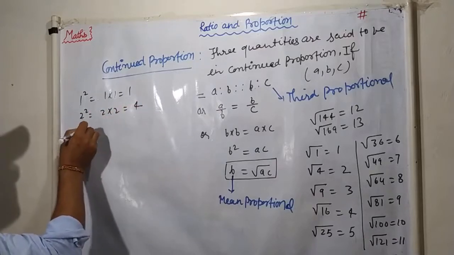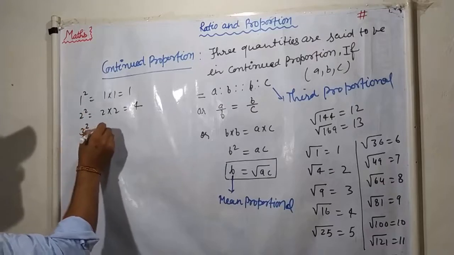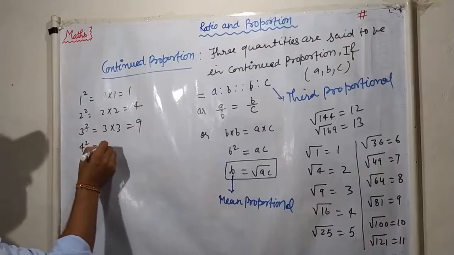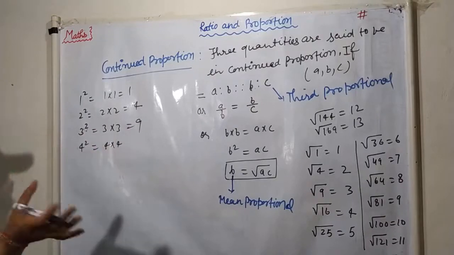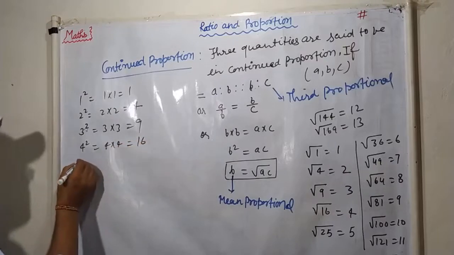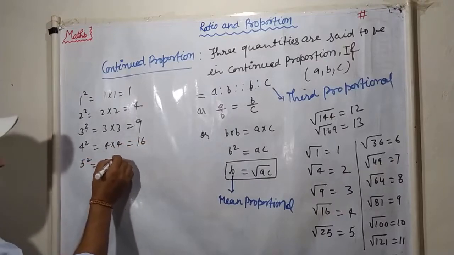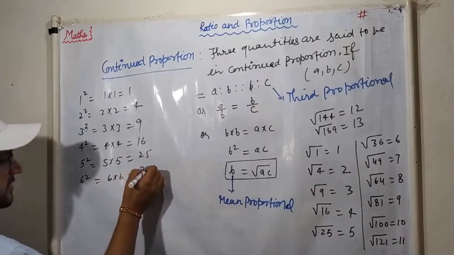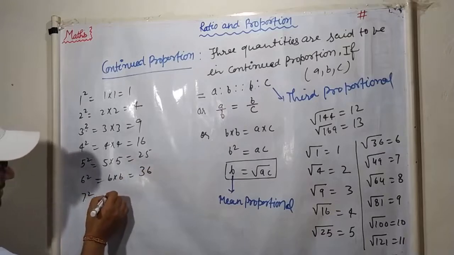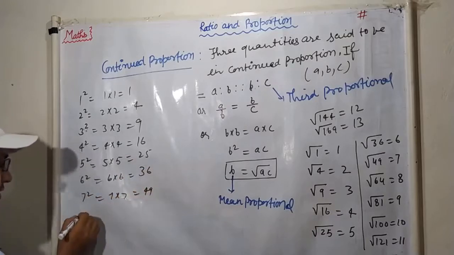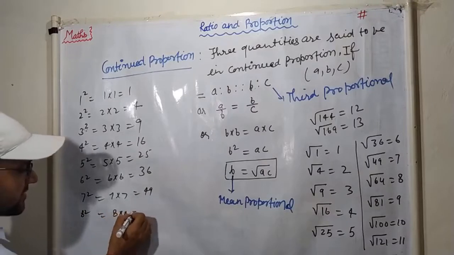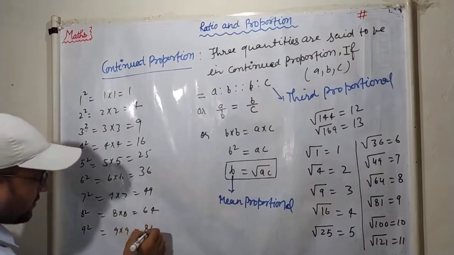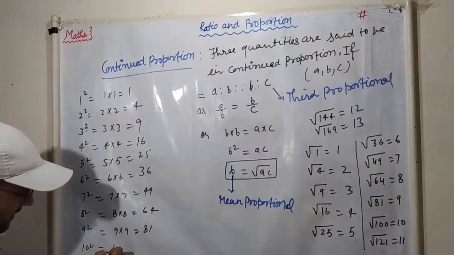Square of 3 is 3 into 3, which is 9. Square of 4 is 4 into 4, which is 16. Square means you multiply the same number one time. Square of 5 is 5 into 5, which is 25, square of 6 is 36, square of 7 is 49, square of 8 is 64, square of 9 is 81, square of 10 is 100.